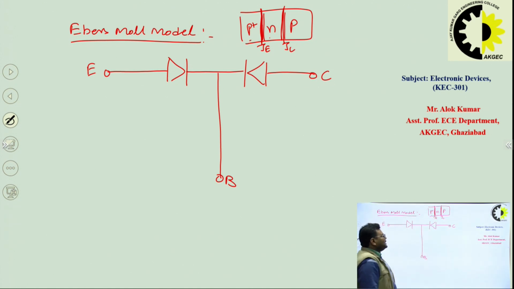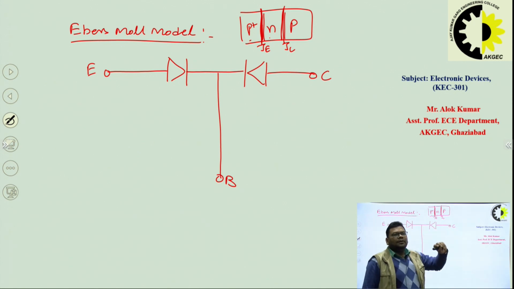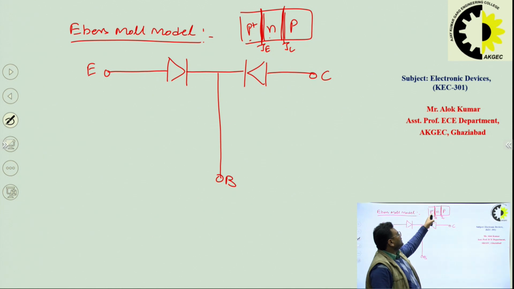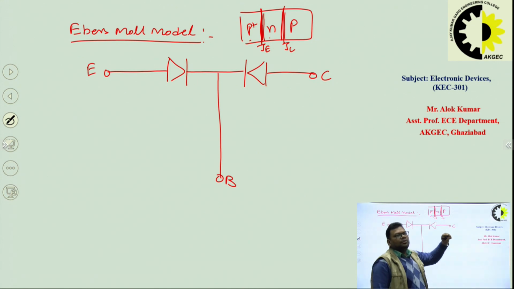So we can connect two diodes, because this junction is in forward bias. So we connect a diode like this in the forward direction, and this junction JC is in reverse bias, so we have connected a diode in the reverse direction. Okay. So this arrangement should behave like the transistor, but here we will also consider that these two junctions depend on each other. If we change the voltage across this junction, then the current across the other junction will change, and vice versa.